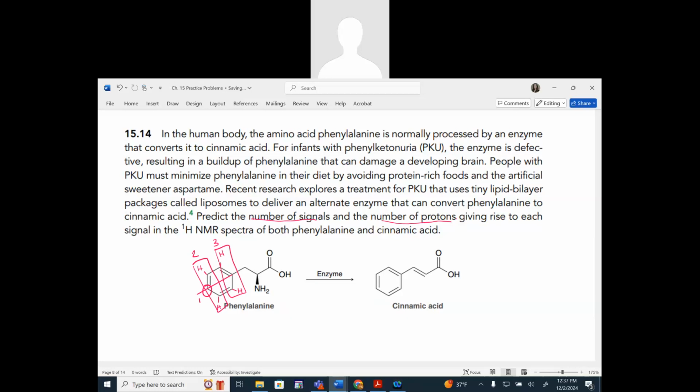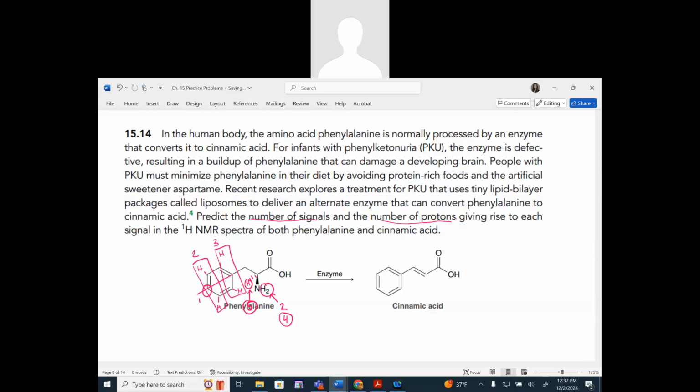Then we note that these two protons here would give a distinct signal, so we're up to four. And then there's also a proton here that would give another distinct signal, so we're up to five.